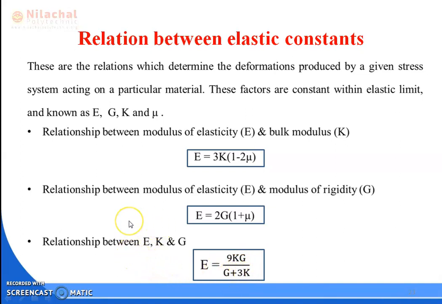When you derive from these equations, you get this solution as 9KG by G plus 3K.